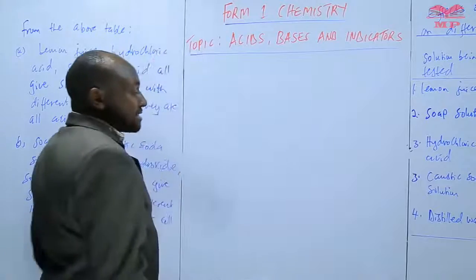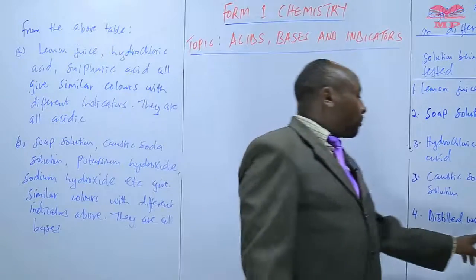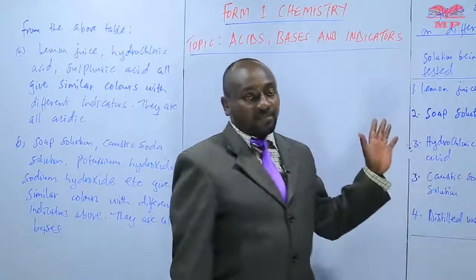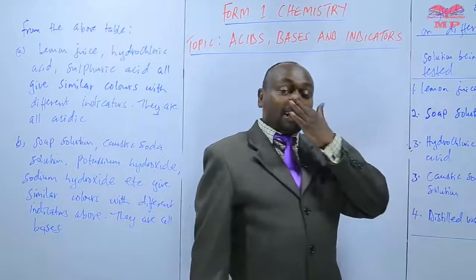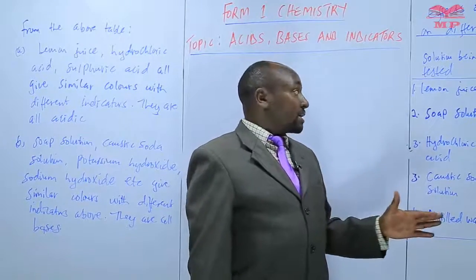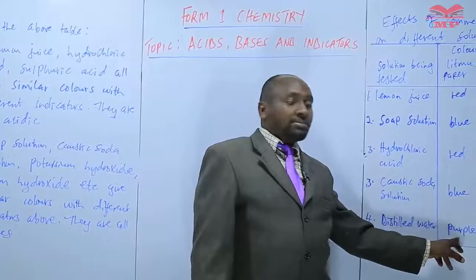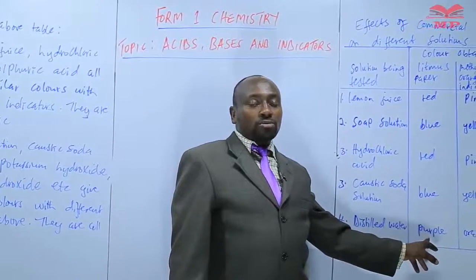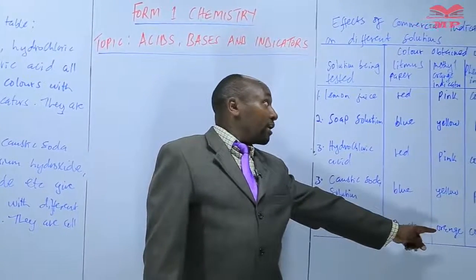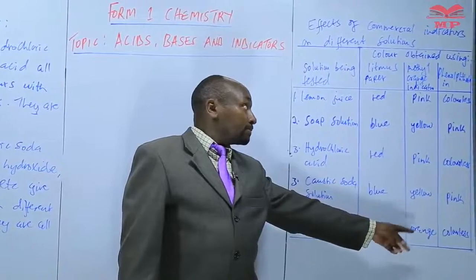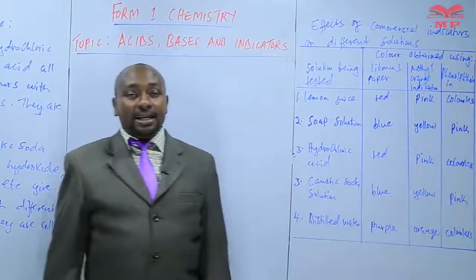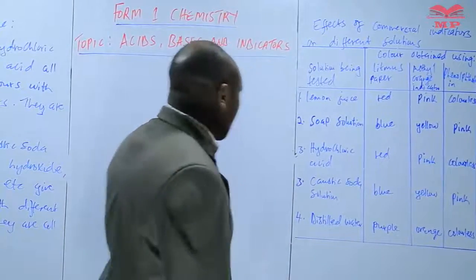Then we have distilled water that is giving us a completely different color from the others. So here distilled water, we are saying that it is neutral because the litmus remains purple. It doesn't turn red or blue. The methyl orange remains orange. Phenolphthalein remains colorless.